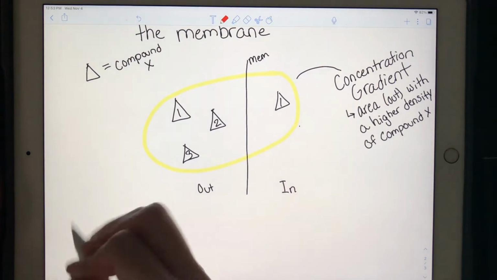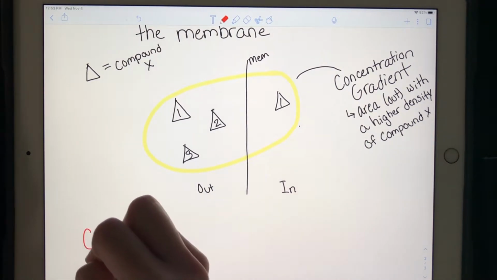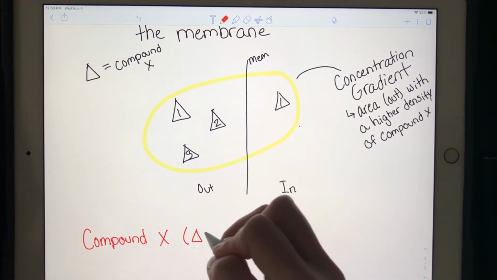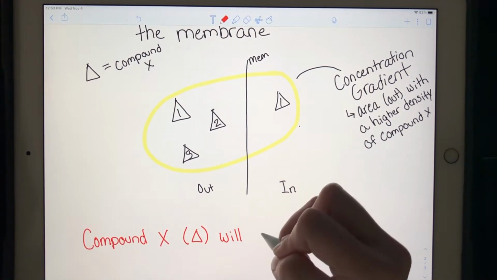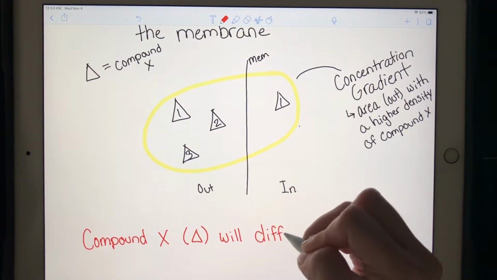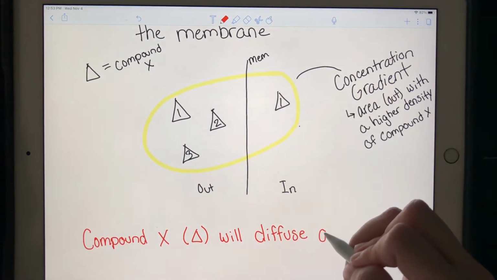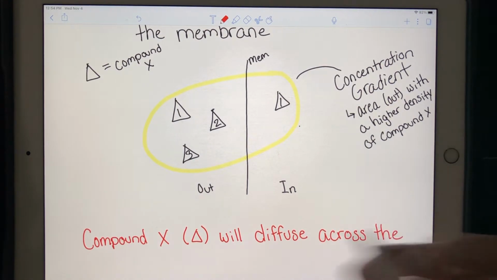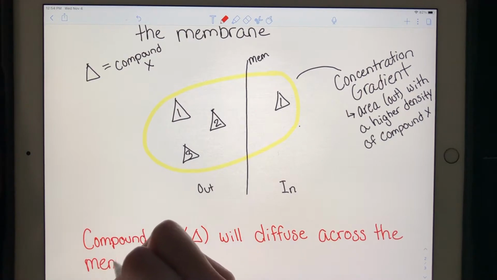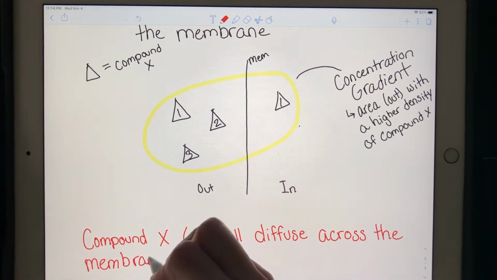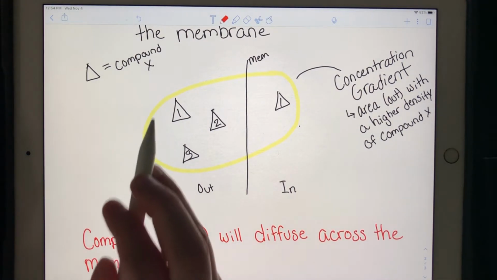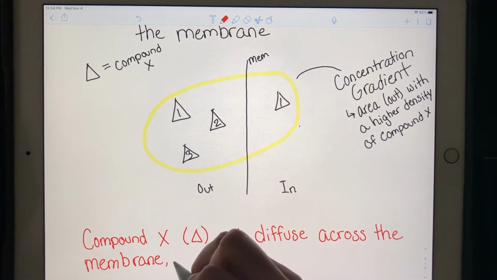So what's going to happen here is that compound X, which is represented by this triangle, will diffuse across the membrane, and we're going to add that this will occur down the concentration gradient.